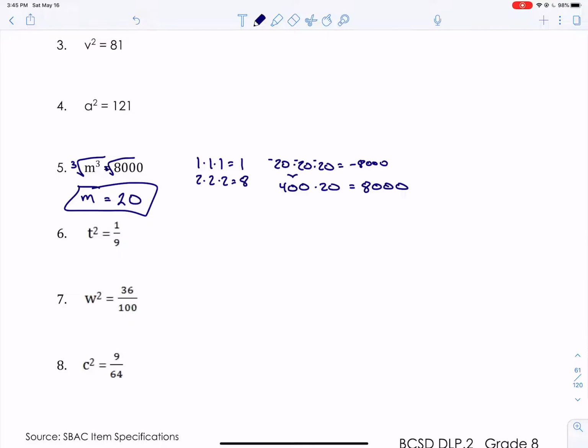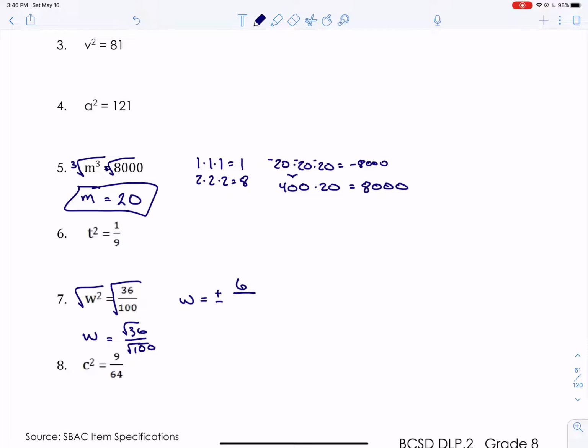Okay, so let's move to the fraction. This is just back to square roots, but with a fraction instead. So it's no big deal. We just split it up into a numerator and denominator, and that's all we have to do. So I'm going to do number 7. Again, square root of both sides. On the left, we have just w equals, and I'm going to split that up: the square root of 36, and then the square root of 100. W equals, so the square root of 36 is 6.